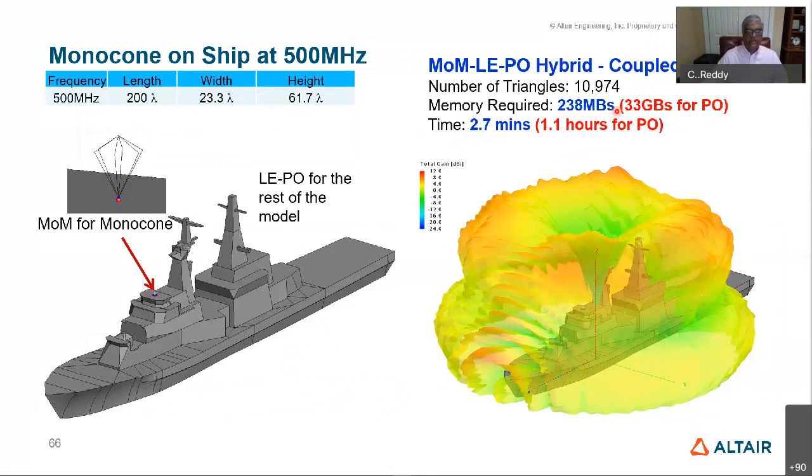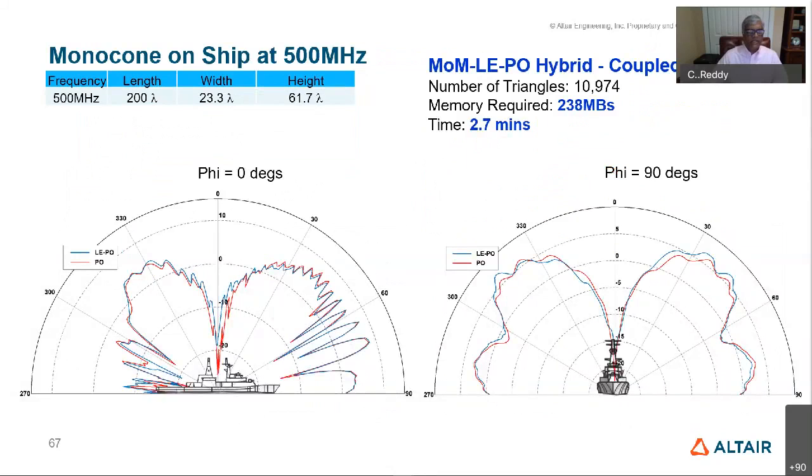This is even less than half a gigabyte, and 2.7 minutes compared to 1.1 hours. So it brings that advantage of using electrically larger triangles for discretization. And when you compare, obviously, they don't match exactly, but they come very close.